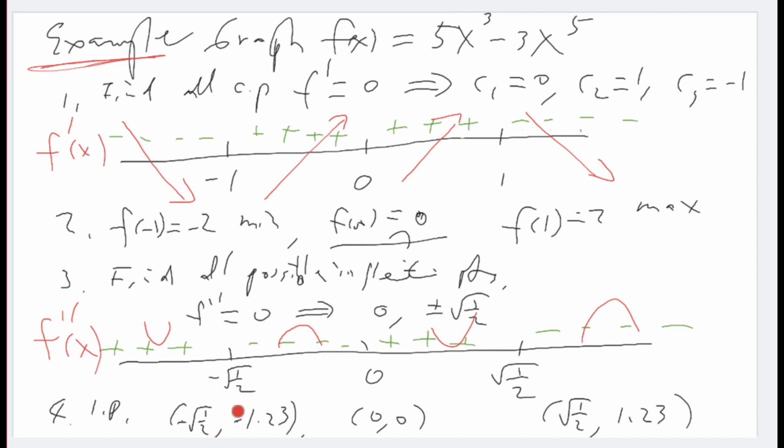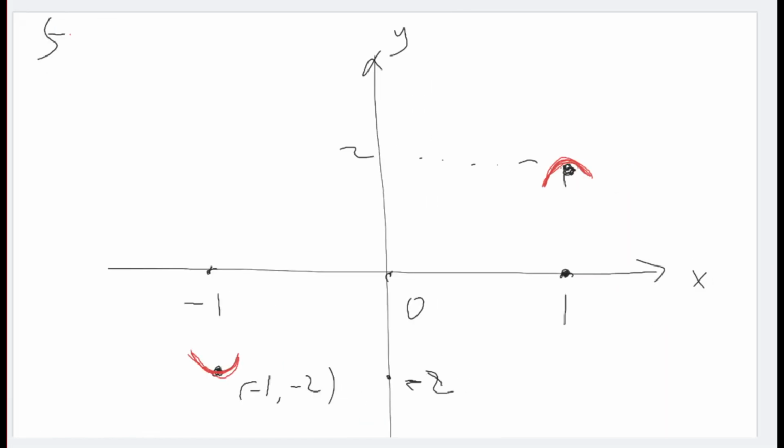Inflection points are important too. So you see, we first locate, mark, and label these important points. We detected inflection points at 3 locations: -√(1/2), 0, and +√(1/2). Now -√(1/2) is not less than -1, it's more than -1. So let's hypothetically say it's somewhere here.